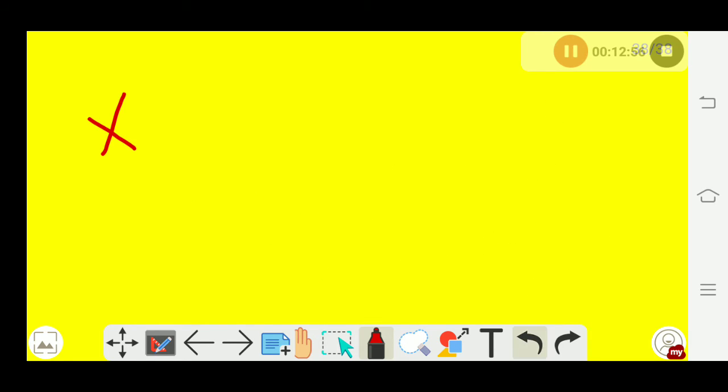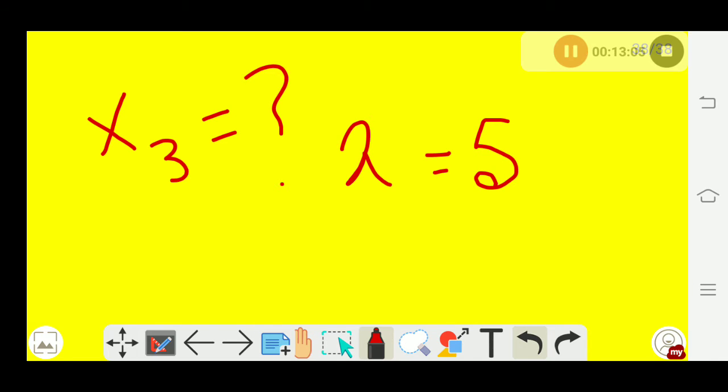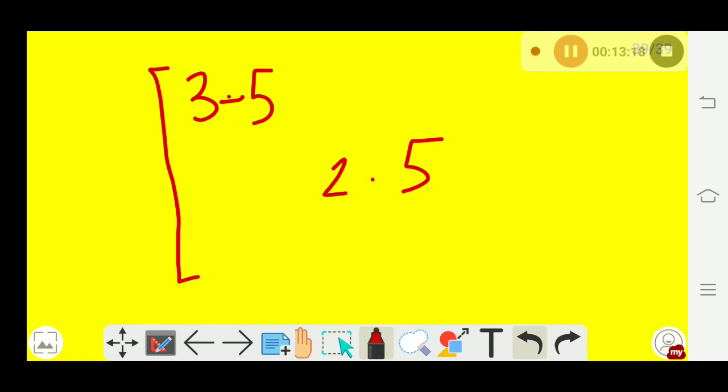Now we need to find x3 for lambda equal to 5, I think. So let's do 3 minus 5, 2 minus 5, 5 minus 5.